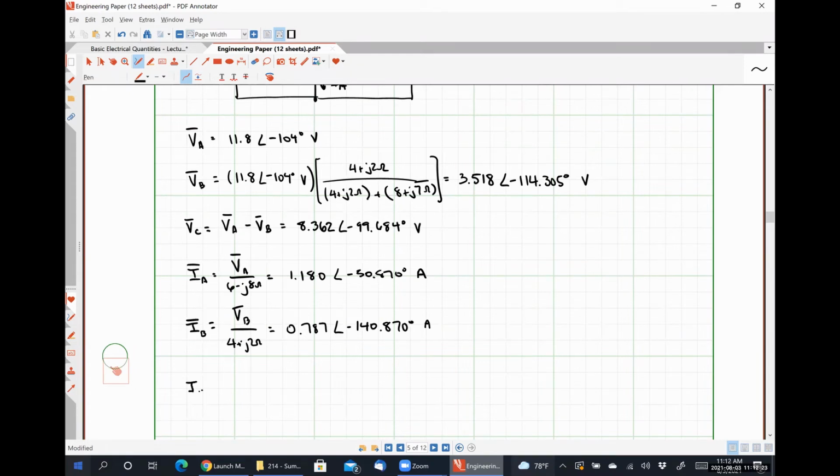And IC has to be exactly equal to IB because they represent the same current. So that would be 0.787 angle negative 140.870 degrees amps.